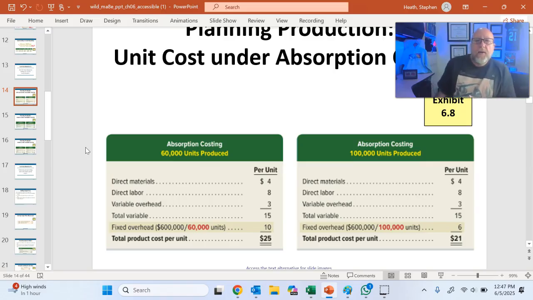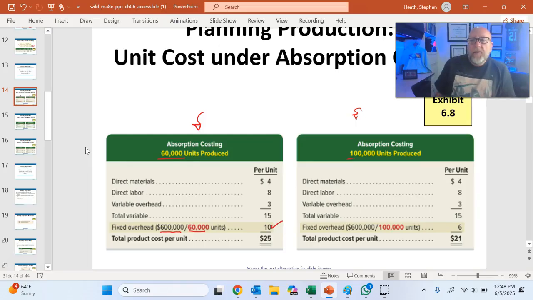So first, let's think about the difference between absorption costing, actually, I guess we're going to do absorption costing in both situations, which makes sense. So in the first situation, we're going to produce 60,000 units, okay? And if my overhead is $600,000 and I'm producing 60,000 units, then the per unit cost is going to be $10 per unit.